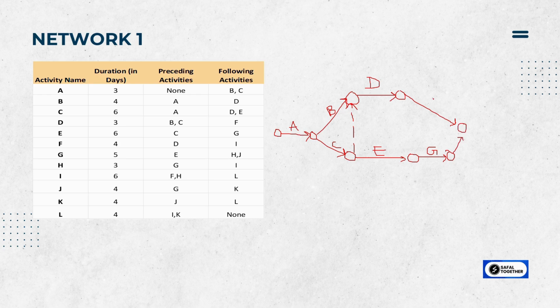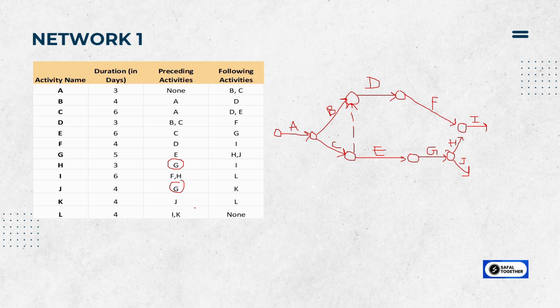Okay, so after D we have F, G ends in H. And from both of these we have I coming out, and from G we also have J. So G is the predecessor activity for J. So after G we have J.